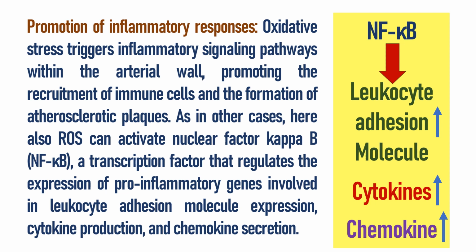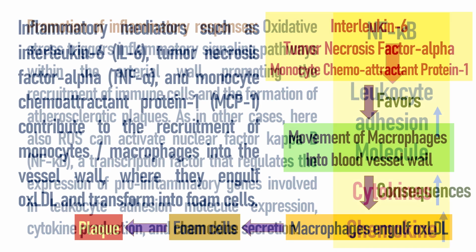Promotion of inflammatory responses. Oxidative stress triggers inflammatory signaling pathways within the arterial wall, promoting the recruitment of immune cells and the formation of atherosclerotic plaques. As in other cases, here also reactive oxygen species can activate nuclear factor kappa B, a transcription factor that regulates the expression of pro-inflammatory genes involved in leukocyte adhesion molecule expression, cytokine production, and chemokine secretion.